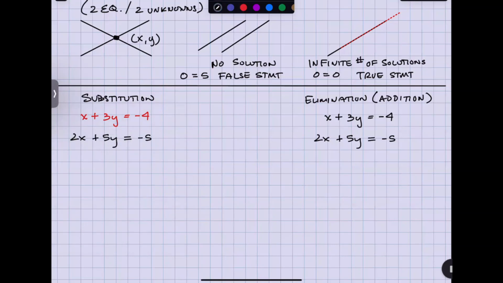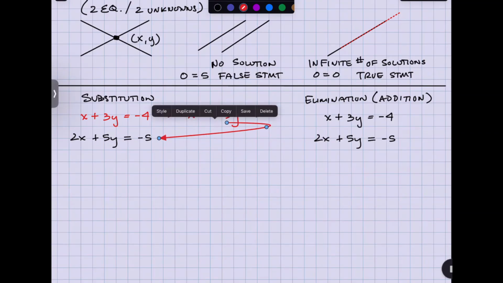From that, we would isolate that x, or that variable that has a coefficient of 1 or -1. Then we take that x value and substitute it into the other equation.